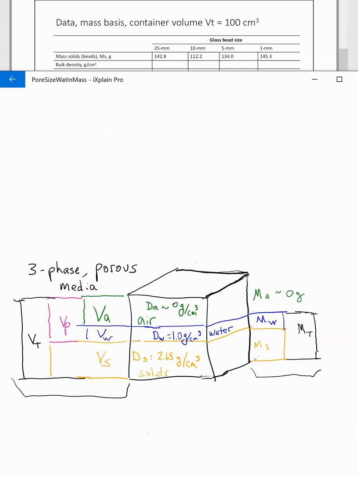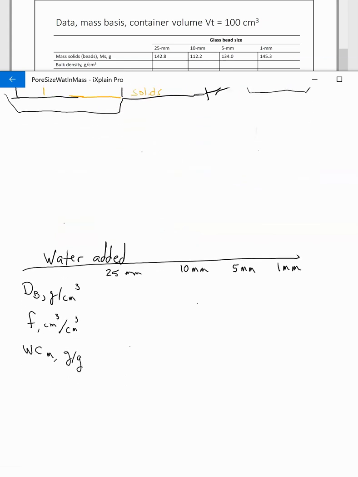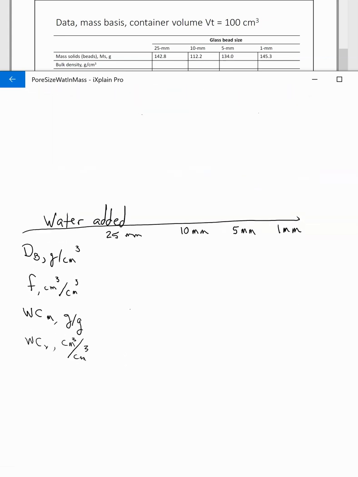So we're going to start with the mass. We know the mass of the solids, and so we can determine the bulk density. For the formula for bulk density, the bulk density is the mass of the solids.